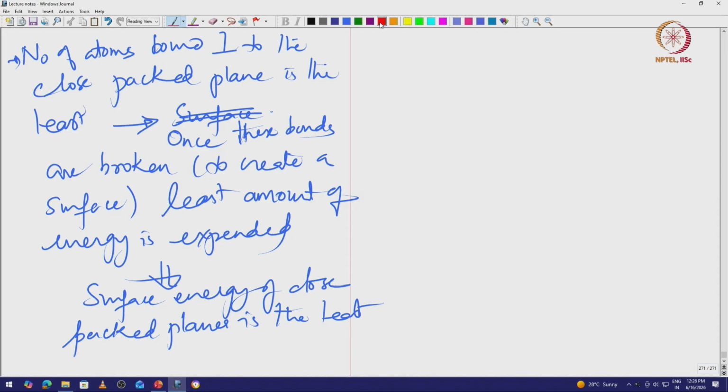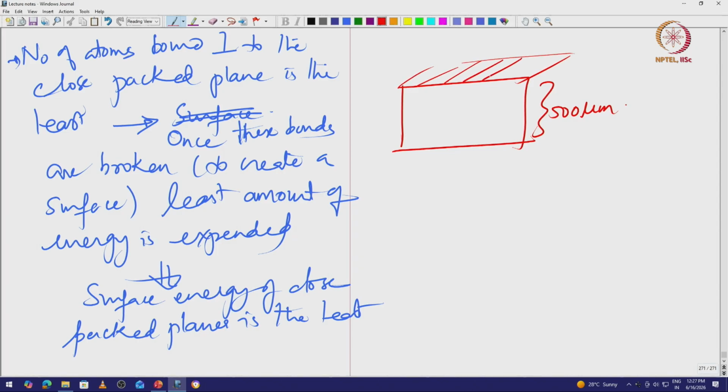If I take a wafer, a wafer of silicon, it is 500 micrometer in thickness, and you see that there is a face, a very well polished face, a very smooth surface.